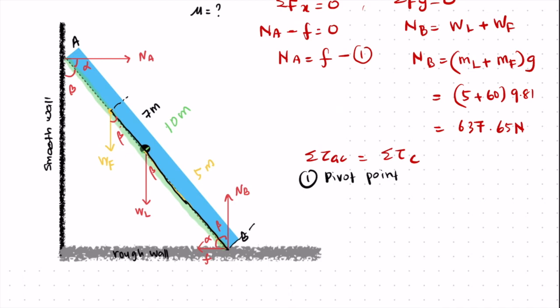Here I will pivot my pivot point at B. When I pivot here, for this NB, there is no torque. Also the friction has no torque.